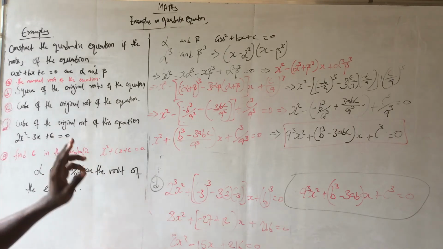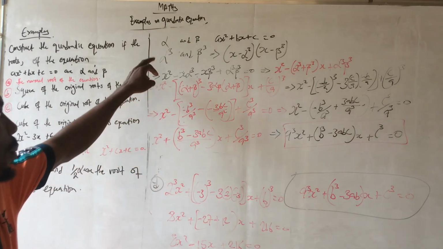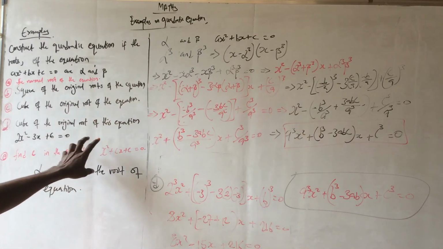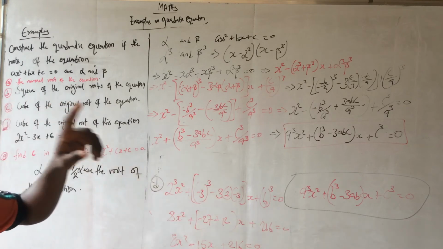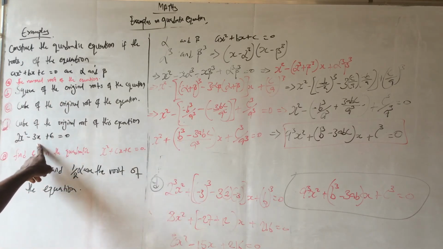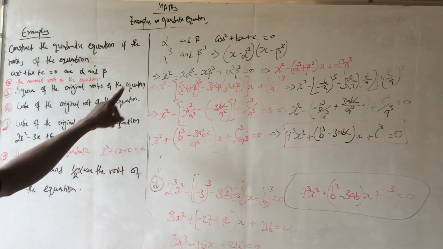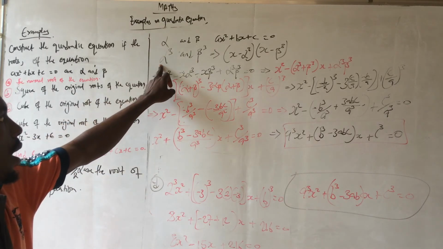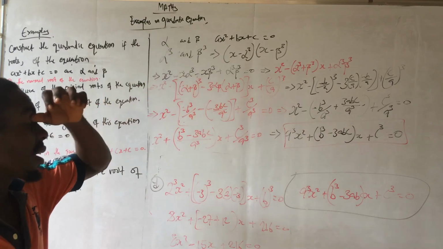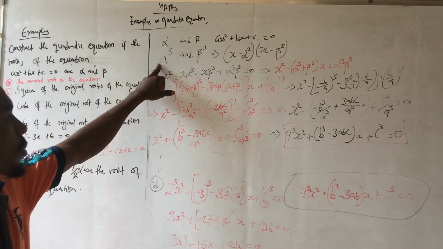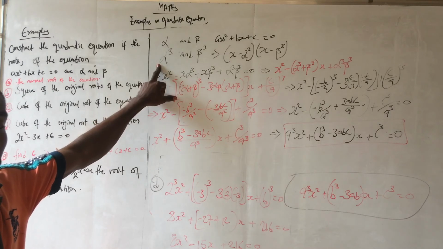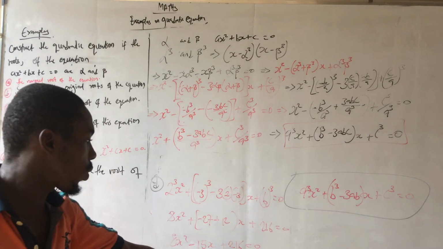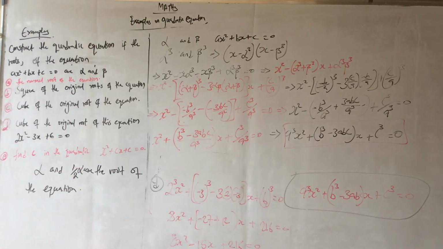This quadratic equation has the roots alpha and beta, but they asked us to construct the quadratic equation that has the roots as the cube of the original ones. So since the roots of this equation are these, when we take the power of 3 of these roots, we are going to have this quadratic equation.